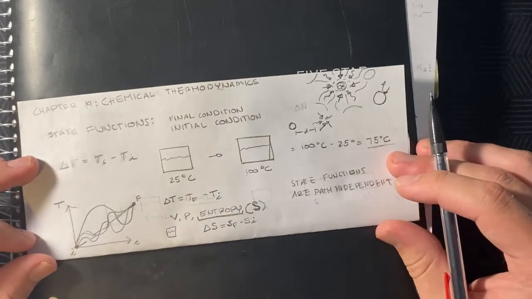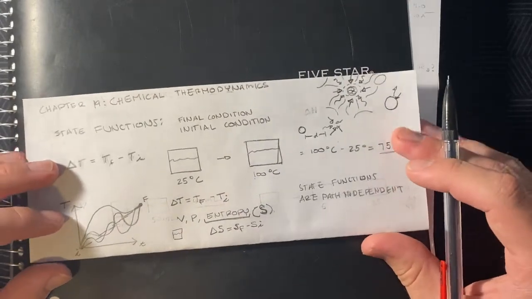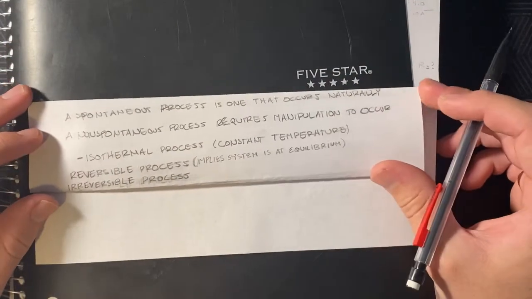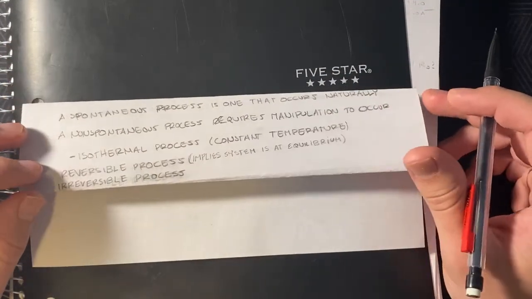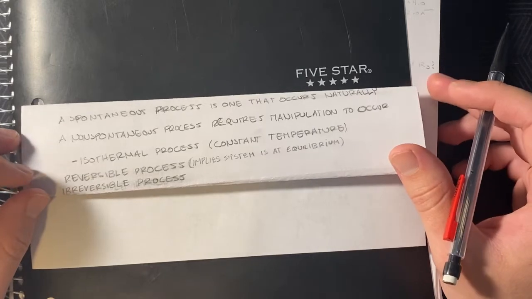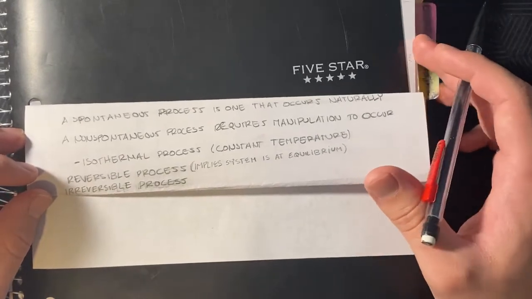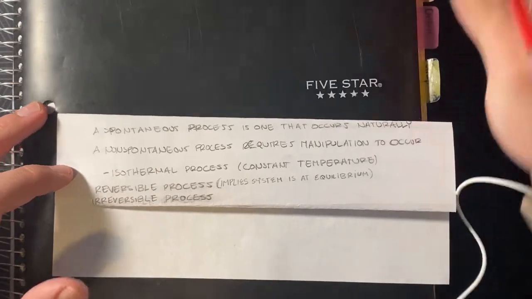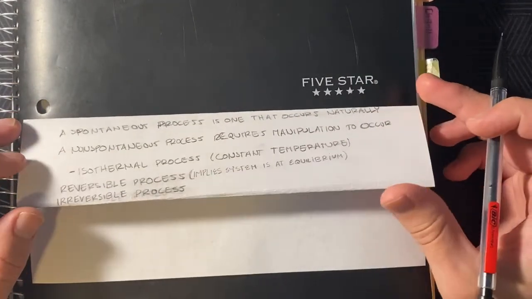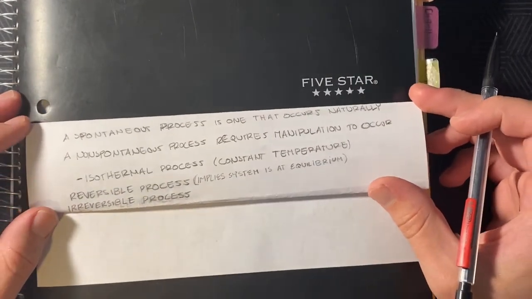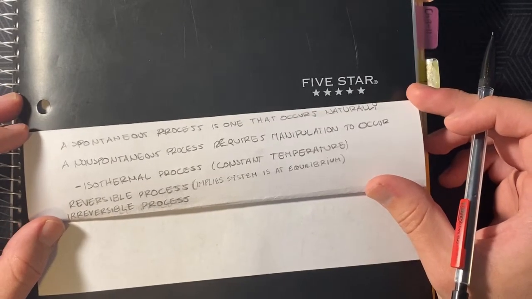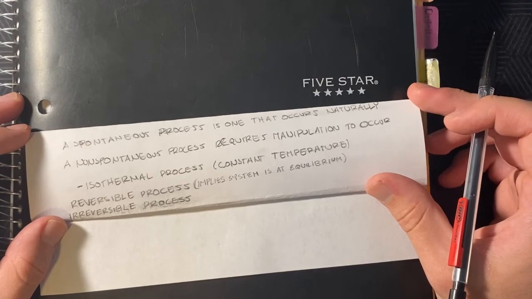So section 19.1 is going to introduce us to something known as process. So what processes are, it's technically the procedure in which a reaction works. And I use the word works because it has a direct correlation to the work function, which in physics would be your force times your distance, right?